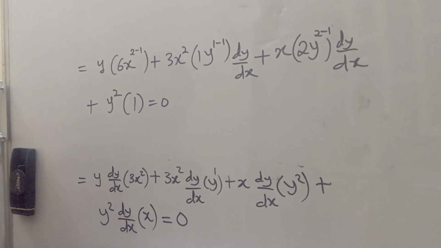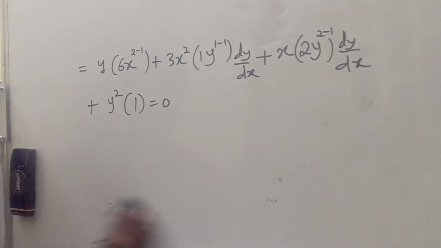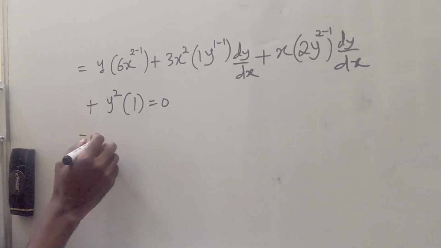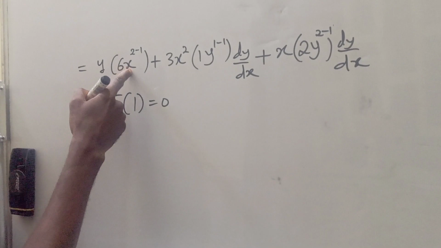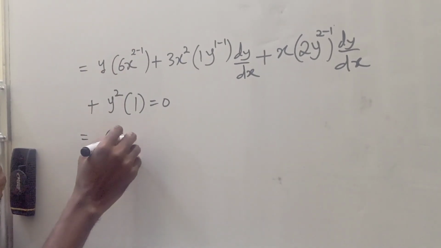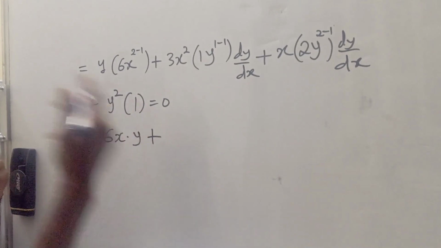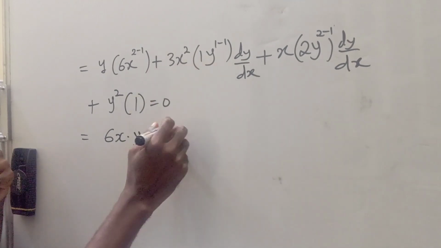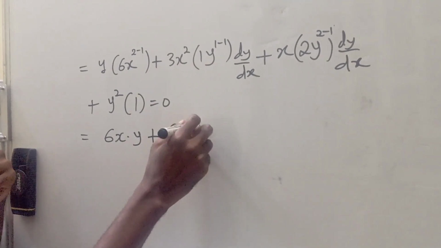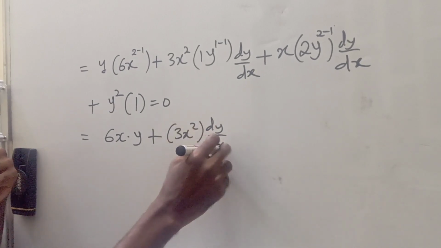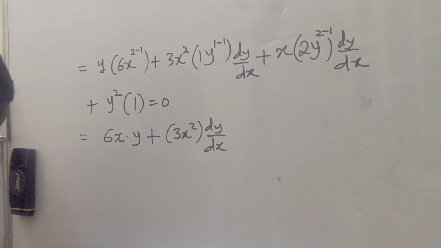Now from this point, let's simplify further. We're going to get 6x raised to the power 1, so 6x multiply y, plus, remember, y raised to the power 0, so all this is 1. So I have 3x squared multiplied by dy over dx.